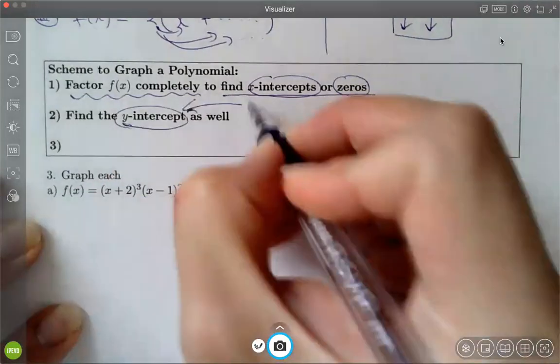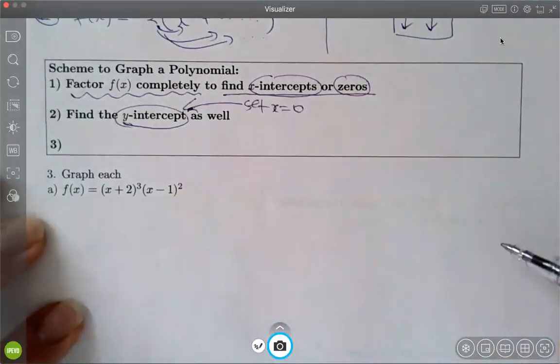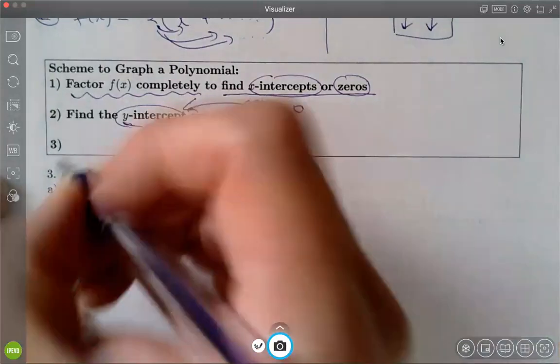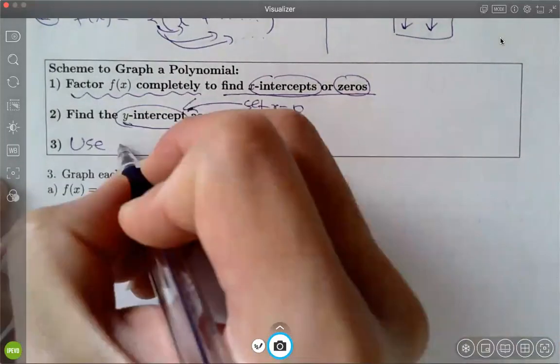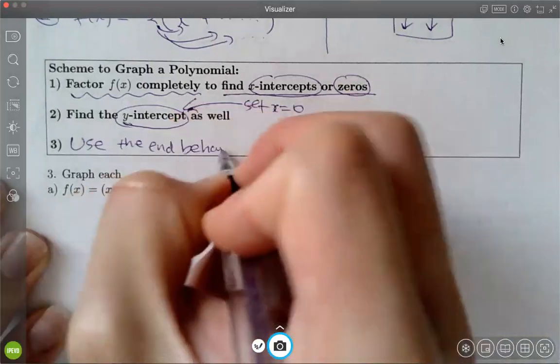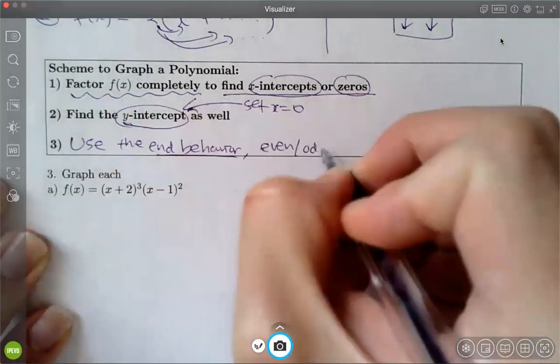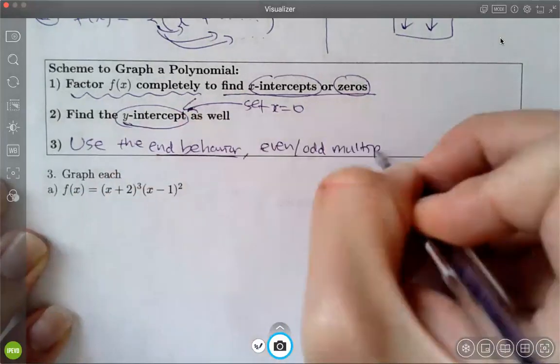And remember, how do you find the y-intercept? Set x to 0, right? Step number 3, use the end behavior, and then the even and odd multiplicities as well.